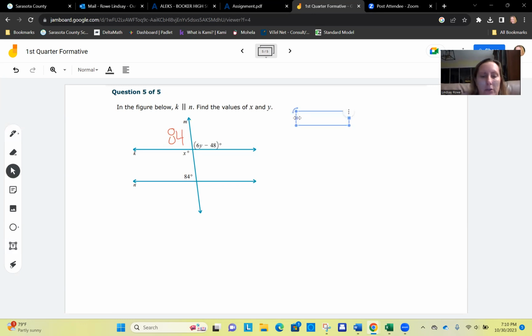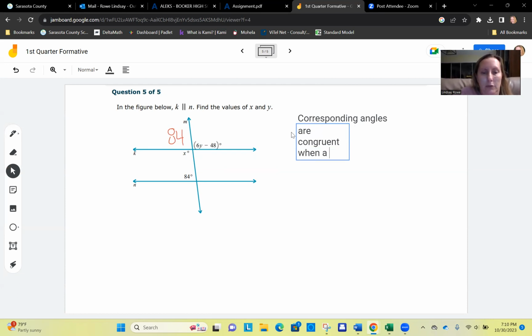Okay, let's write that down just so we remember the vocabulary. Corresponding angles are in matching corners. And when lines are parallel, corresponding angles are congruent when a transversal is cut by two parallel lines.